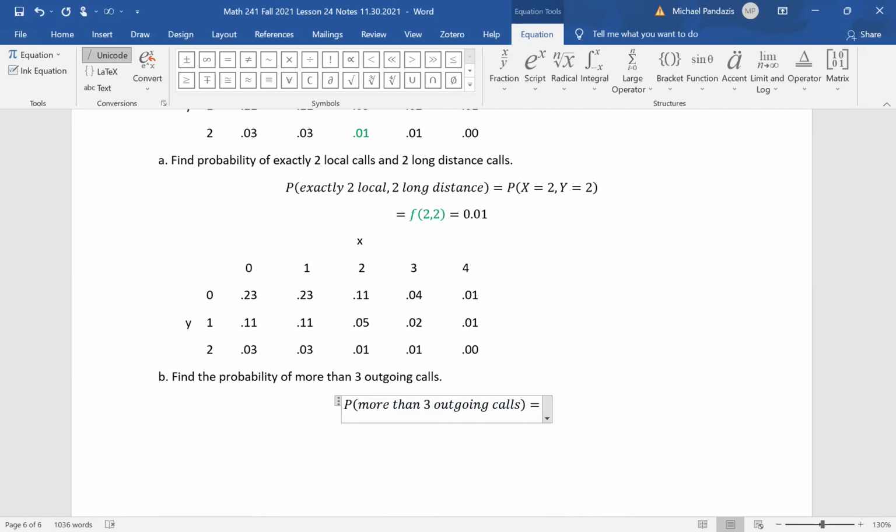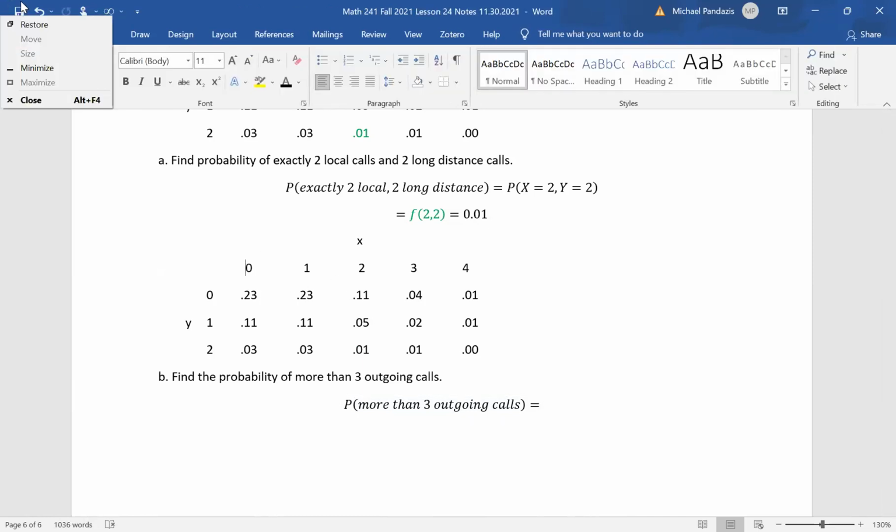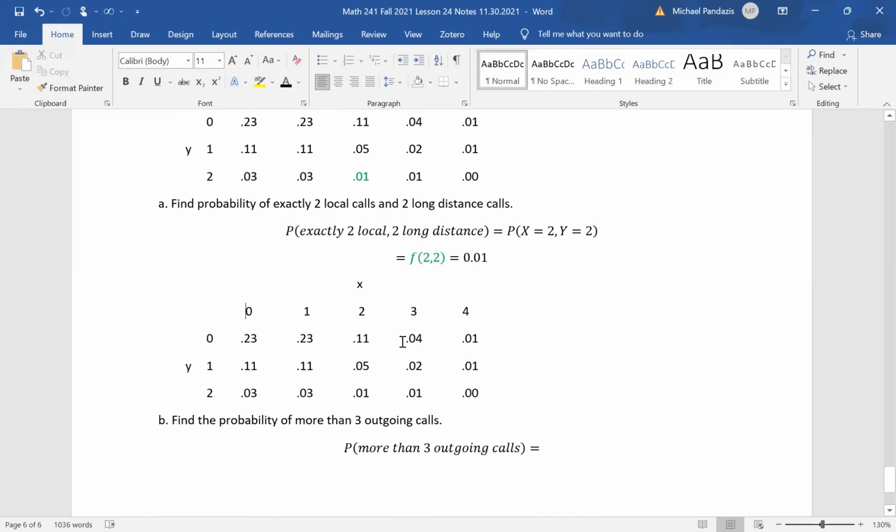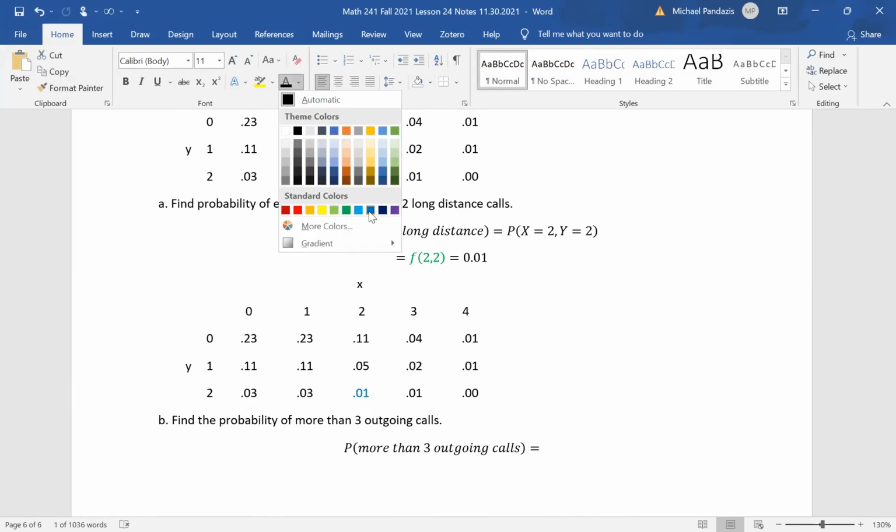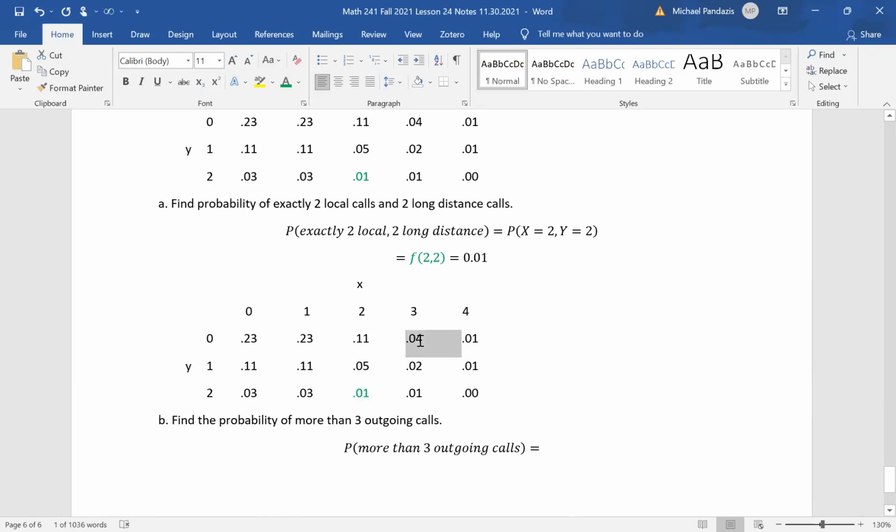Well, X is the number of local, Y is the number of long distance, but we're saying more than 3 outgoing calls. So we want all the ones in which they sum up to more than 3. So 2 plus 2, you have this value here, more than 3.